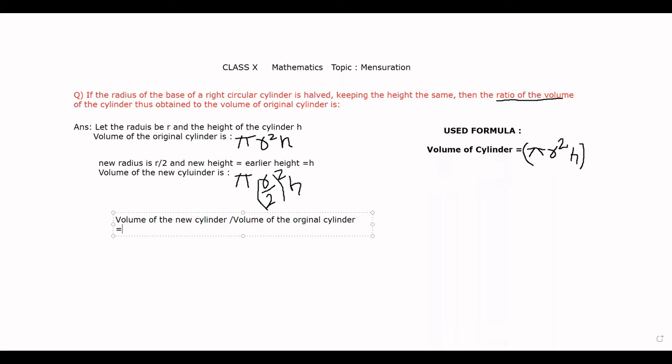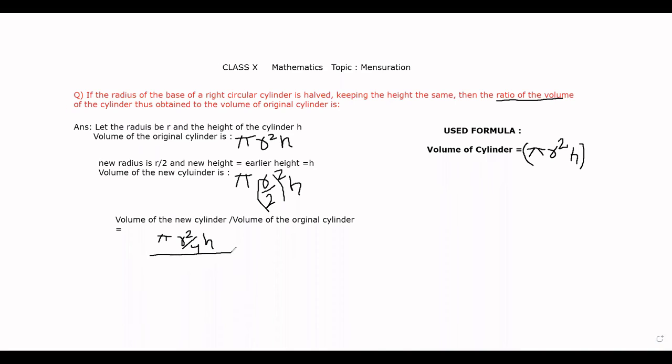Very simple now, we all know the values. What is the volume of the new cylinder? It's pi, r square by 2 square means r square by 4, and h is again constant, nothing changes with the h.